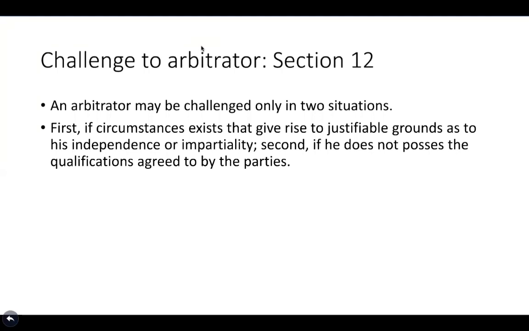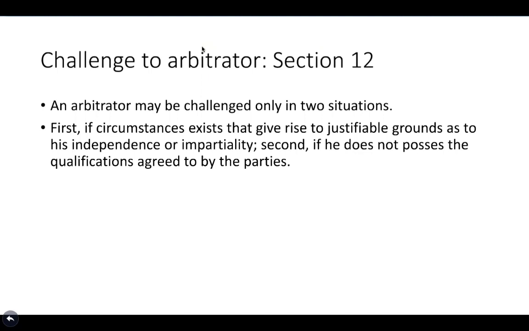Let's move a bit further and talk about the challenge to an arbitrator. Let's say both the parties appointed the arbitrators. However, one of the parties got to know that one of the arbitrators is biased and has a previous relationship with the opposing party. So what happens in that case? Of course, the parties have a right to challenge it, and that's one of the grounds under section 12.